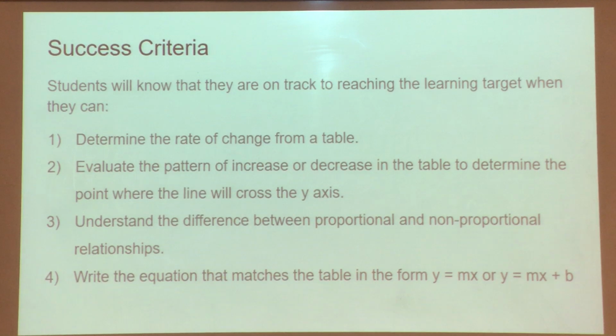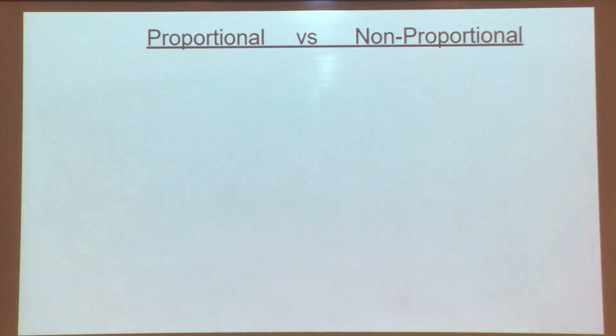The success criteria: students will know that they are on track to reaching the learning target when they can determine the rate of change from a table, evaluate the pattern of increase or decrease in the table to determine the point where the line will cross the y-axis, understand the difference between proportional and non-proportional relationships, and write the equation that matches the table in the form of y = mx or y = mx + b. Now I know that those are a lot of variables, but again, as we work through, it'll make sense.